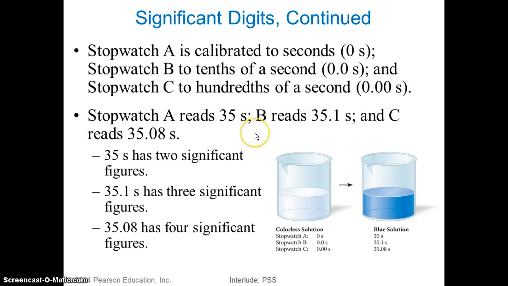Now when we start recording this reaction, a colorless solution converting to a blue solution, we measure with stopwatches A, B and C. Stopwatch A measures 35 seconds, stopwatch B measures 35.1 seconds, and stopwatch C measures 35.08 seconds.